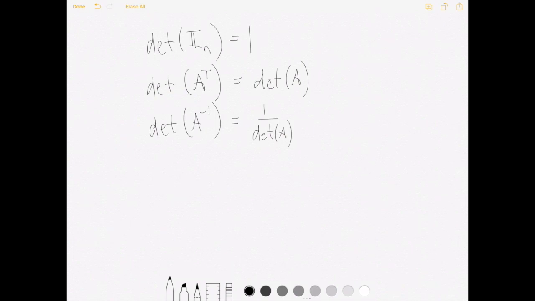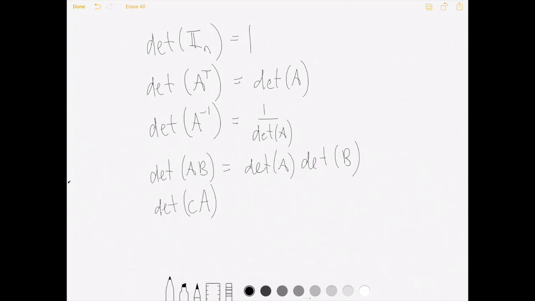If we've got two square matrices, A and B, then the determinant of A times B is just the determinant of A times the determinant of B. Given a scalar C, if we multiply each element of A by C and we take the determinant of the resulting matrix, then that's just going to be the determinant of A multiplied by that scalar raised to the power of n. And remember here, A is an n by n matrix.